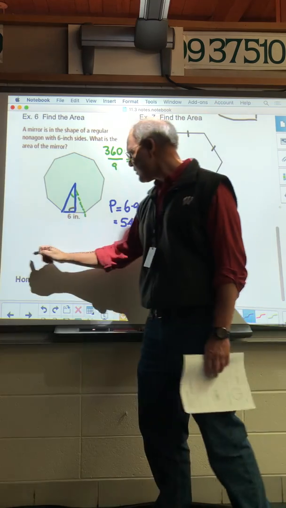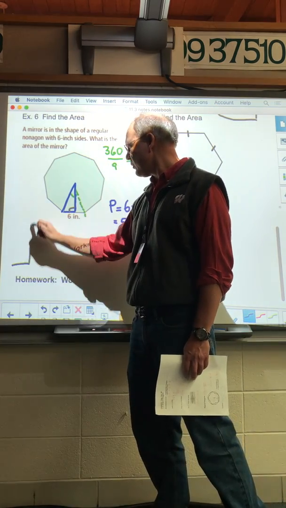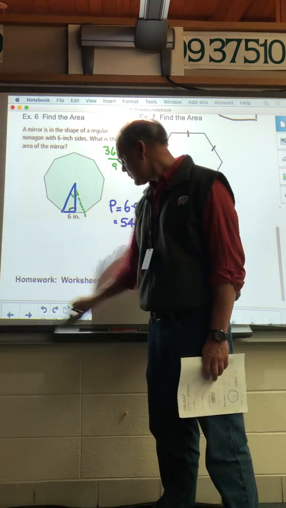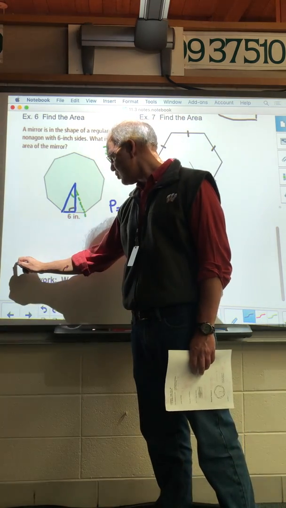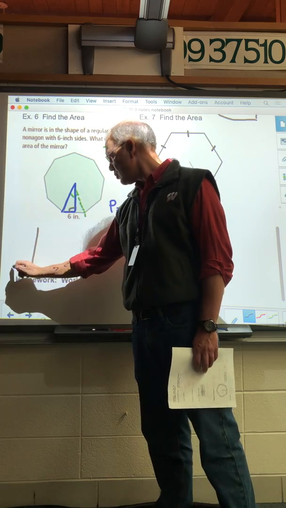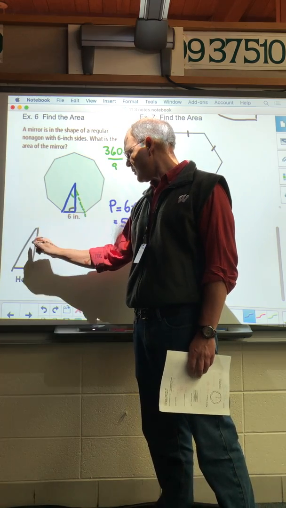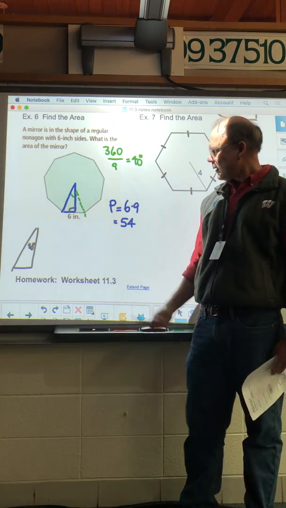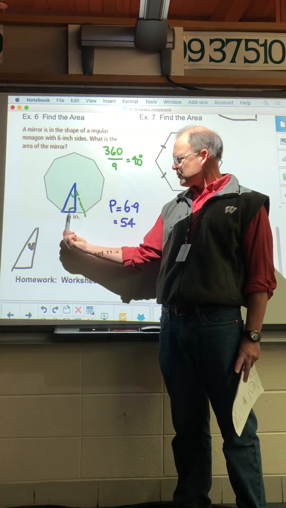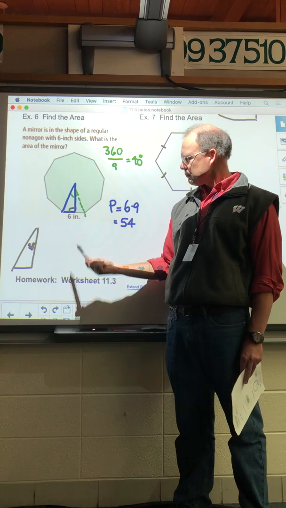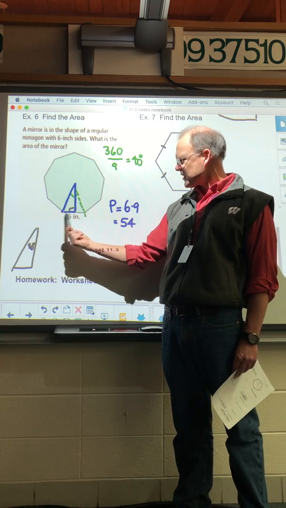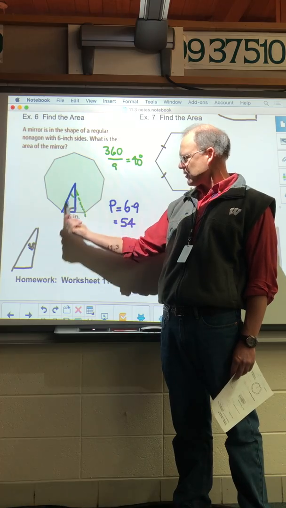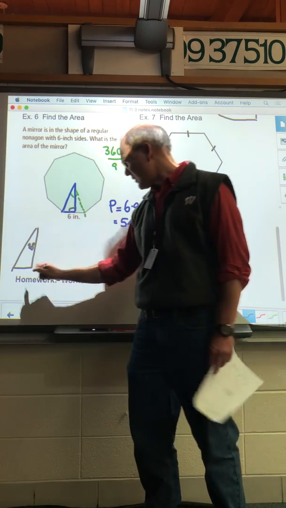So maybe we should draw this triangle a little bigger here. So this angle is 20. And then this bottom side here is going to be half of 6, right? 6 is the whole side of the mirror. So this triangle is half of that. So that's 3.